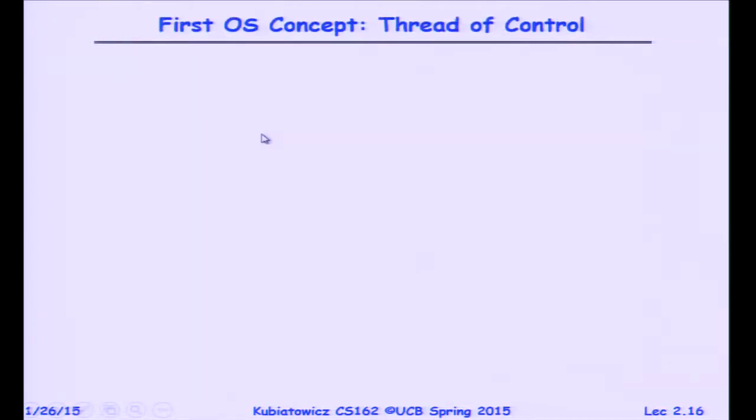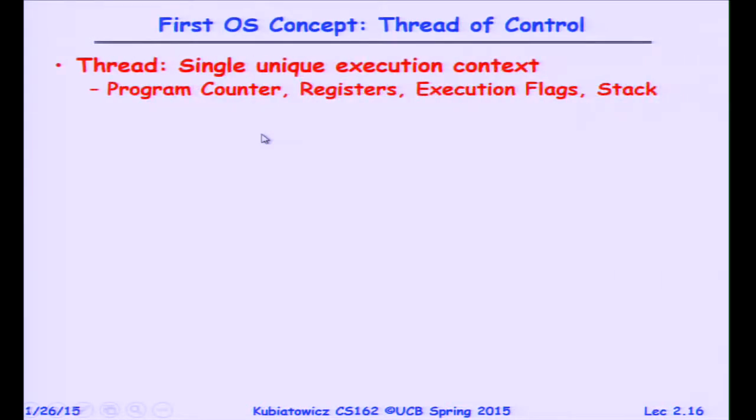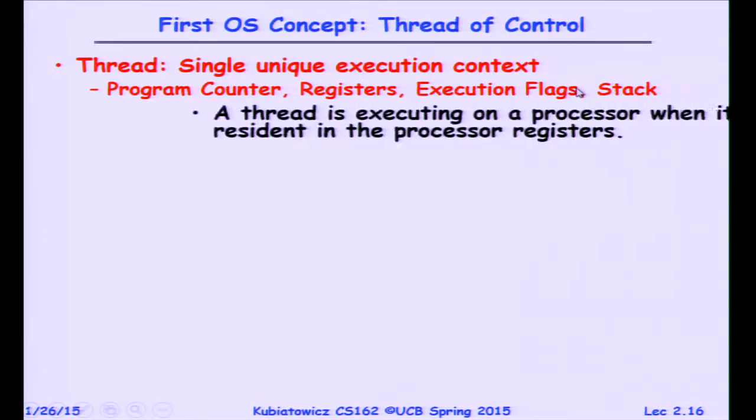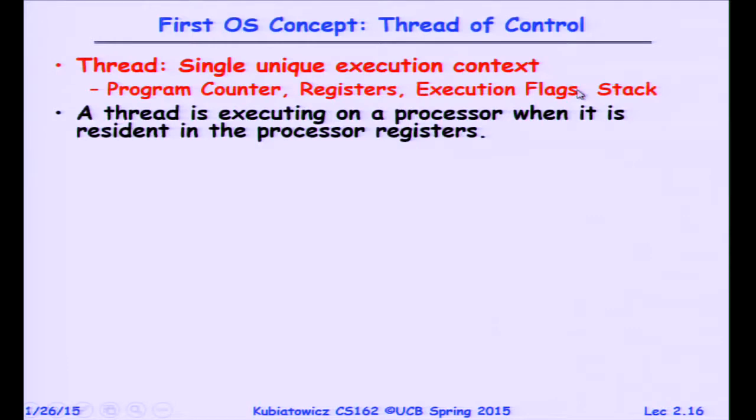Okay. Now, the first concept we've got here for today is threads of control, and it's basically a single unique execution context: program counter, registers, execution flags, stack. I should have put also plus all the state in memory that matters. Basically a thread is executing on a processor when it's resident in the processor's registers.